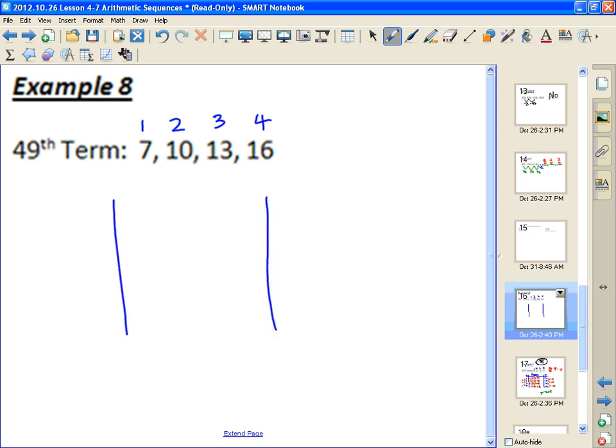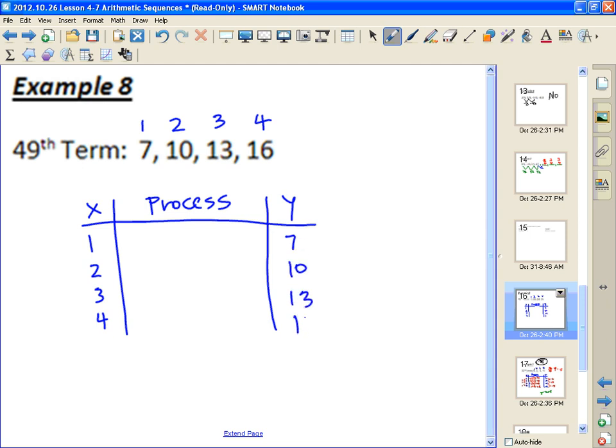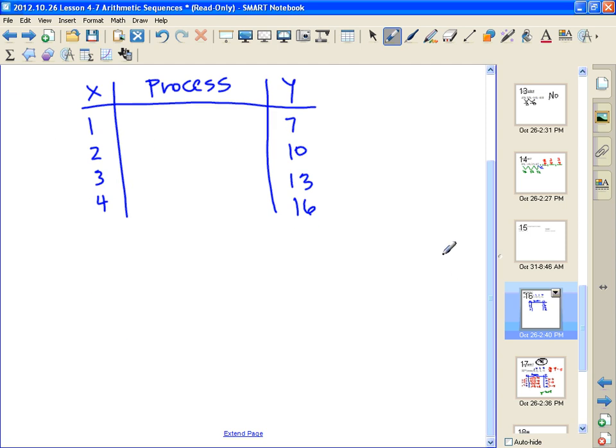So we put it in a table, x, y, process, and 1, 2, 3, 4 go in the x column, and 7, 10, 13, and 16 go in the y column.